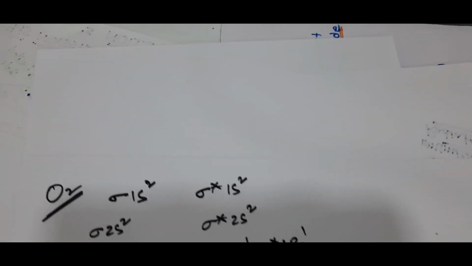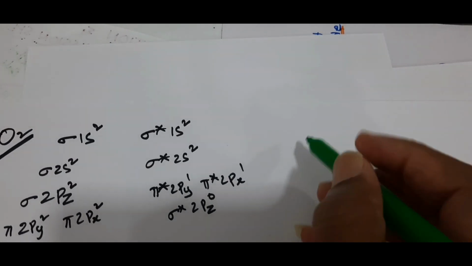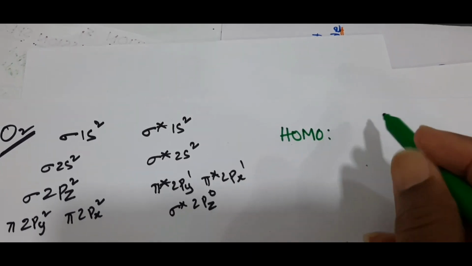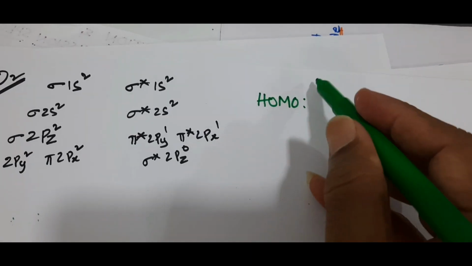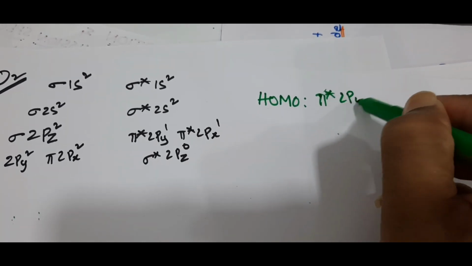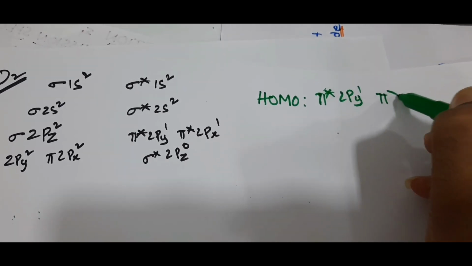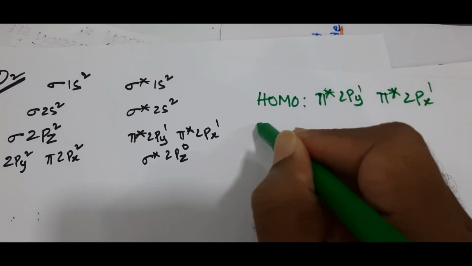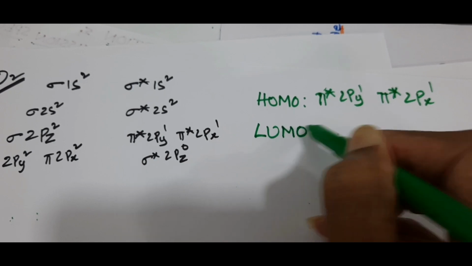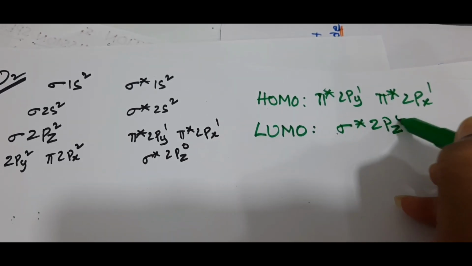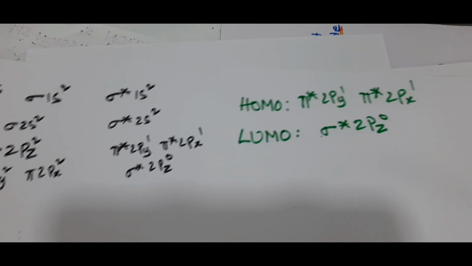Come to this one. What is the HOMO here? High energy occupied molecular orbital is pi star 2py1, pi star 2px1. LUMO means sigma star 2pz, right? 2pz0.